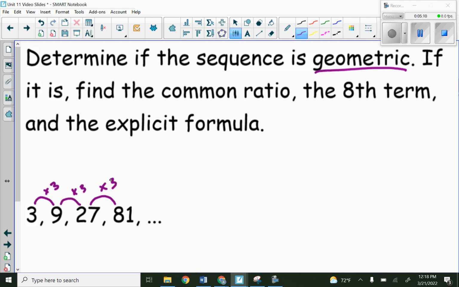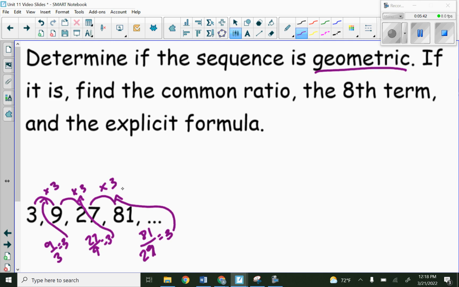Now, if you're ever unsure, you can work backwards and do division. For example, 9 divided by 3 equals 3. That's how I get there. 27 divided by 9 equals 3. 81 divided by 27 equals 3.